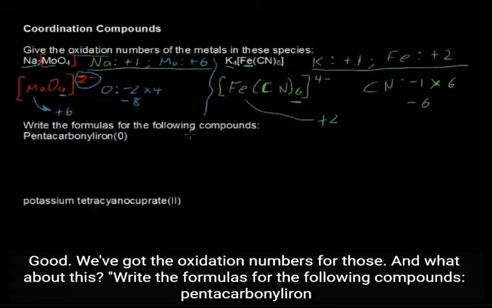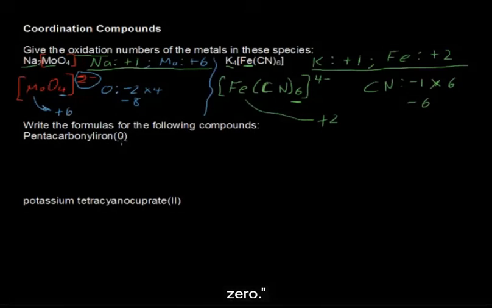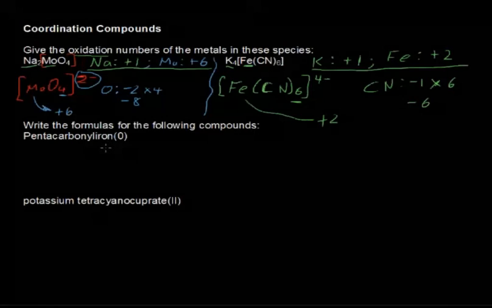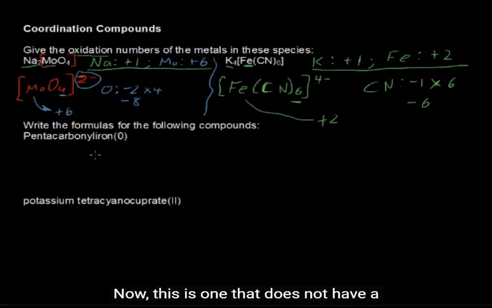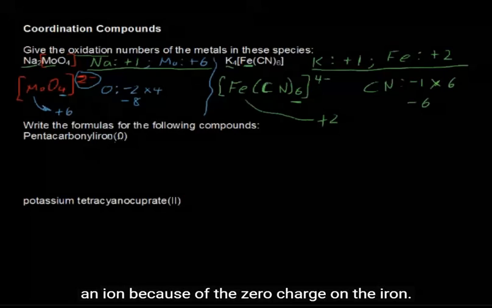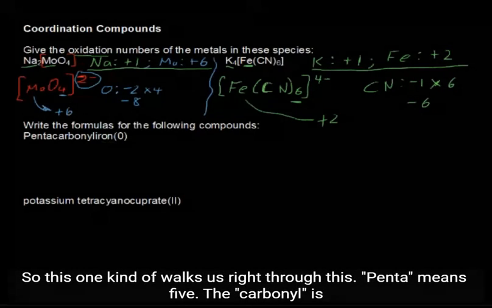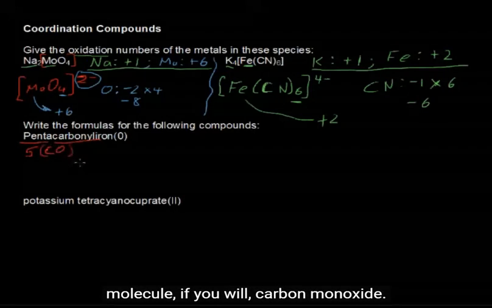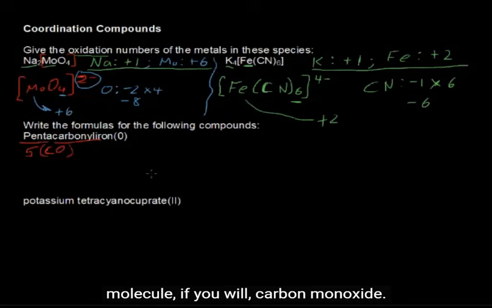And what about this? Write the formulas for the following compounds. Pentacarbonyl iron(0), that means the charge on iron in this one is 0. Now, this is one that does not have a cation or an anion because of the 0 charge on the iron. So this one kind of walks us right through this. Penta means 5. The carbonyl is the CO molecule, if you will, carbon monoxide.